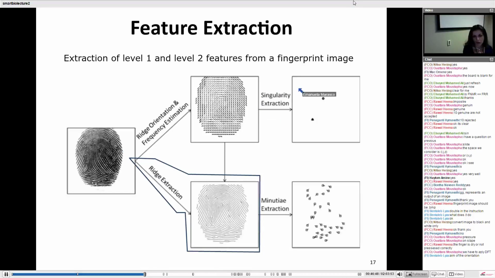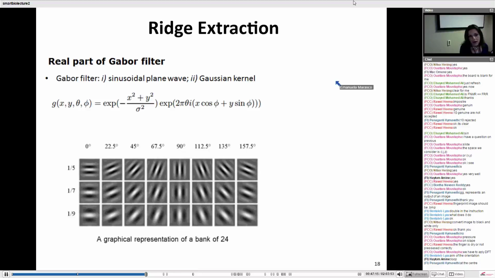So we will recall them before the extraction, but you may want to have in mind, so the loop, for example. So this is the loop, and we can see the corresponding behavior of the ridge pattern when this is the orientation. Yes, this is the loop at the center.